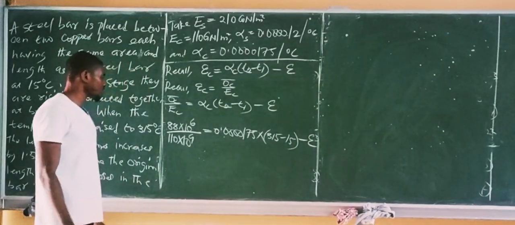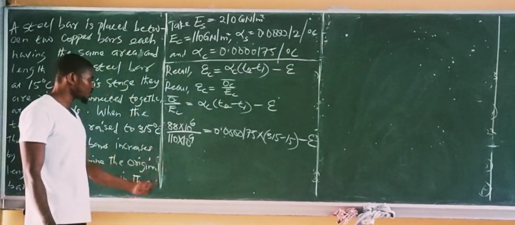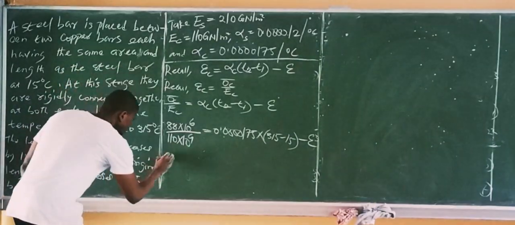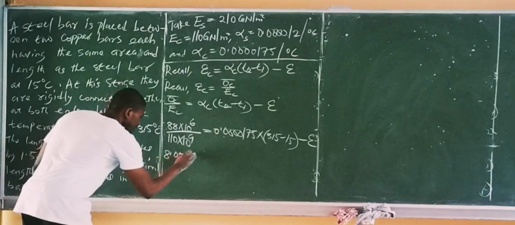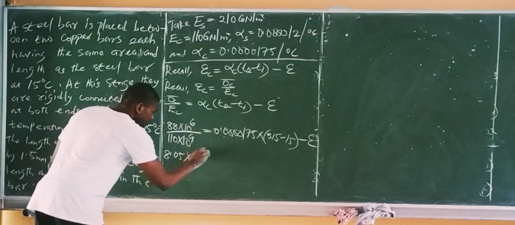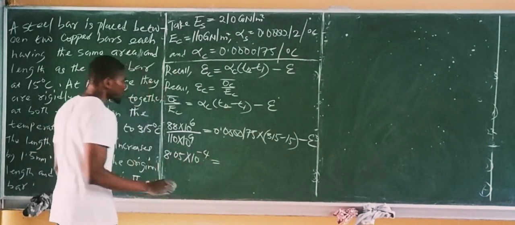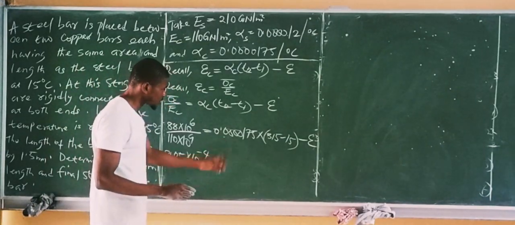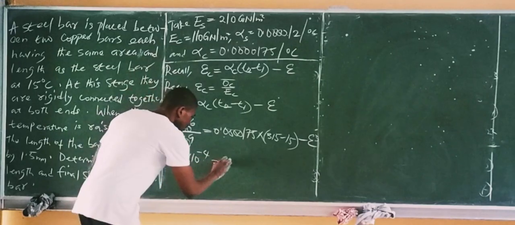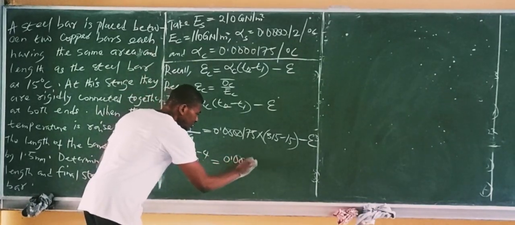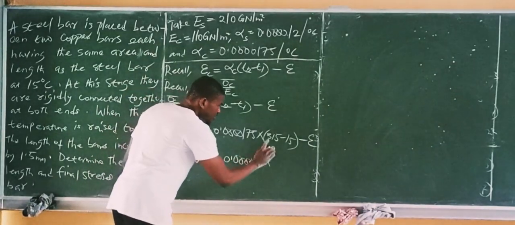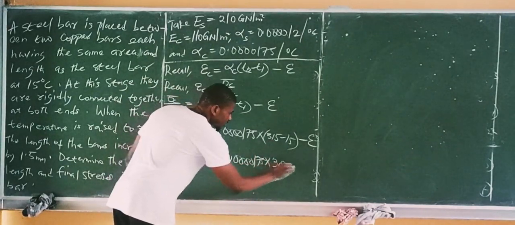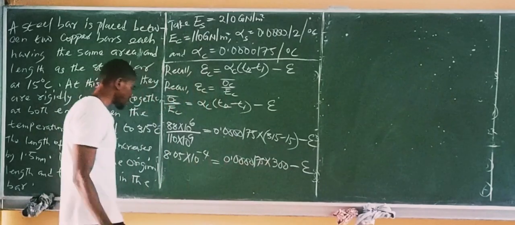So 88 by 10 to the power of 6 divided by 110 by 10 to the power of 9 gives us 8.05 by 10 to the power of minus 4, which equals 0.0000175 times 300, since 315 minus 15 is 300, minus the common strain.